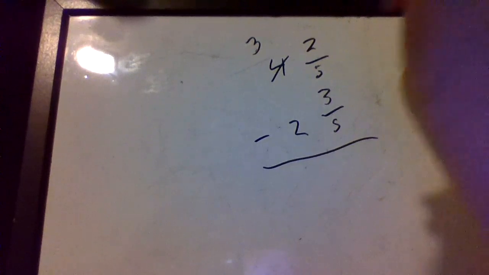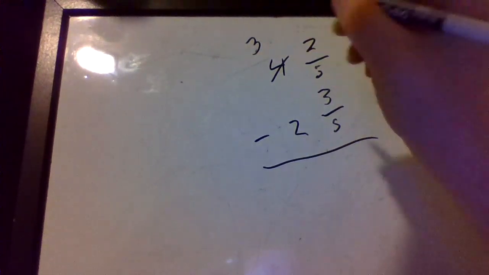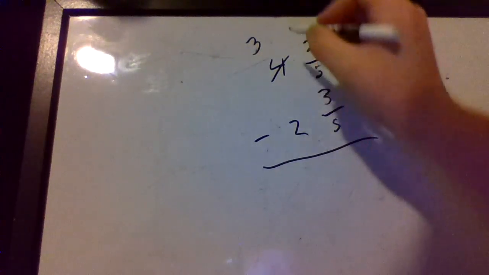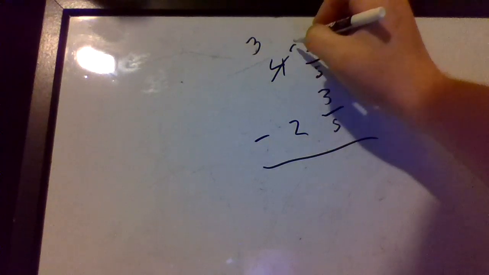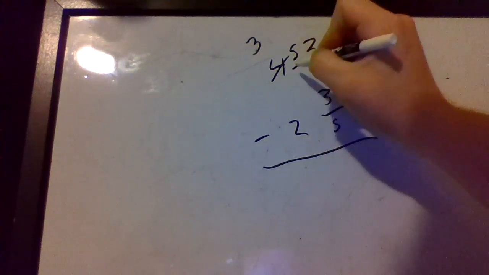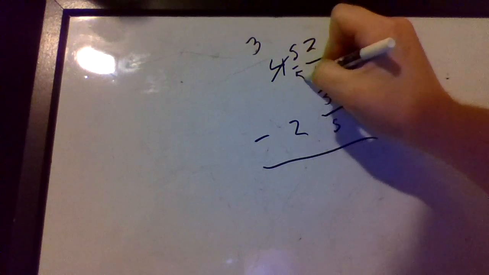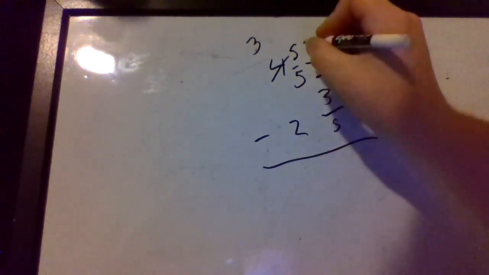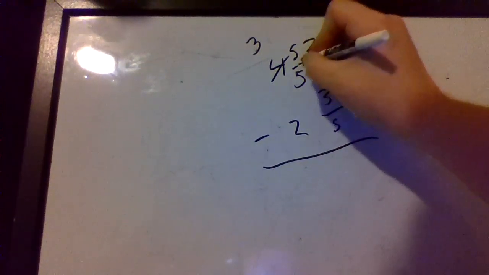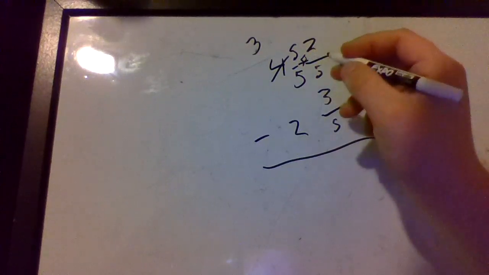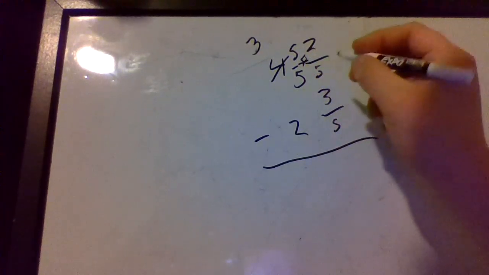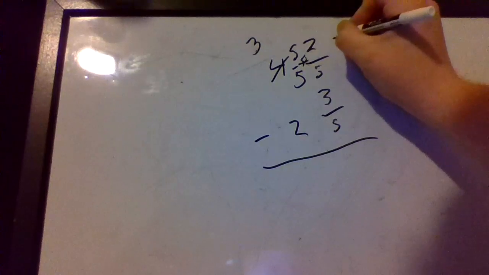Now, look at what happens. That 1 is going to become 5 over 5, because that's the same thing as 1. So if we add 5 over 5 and 2 over 5, we get 7 over 5.